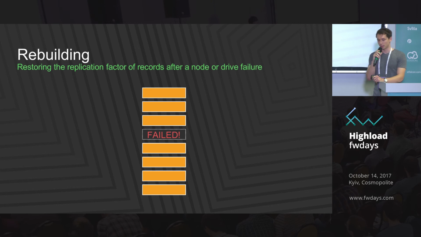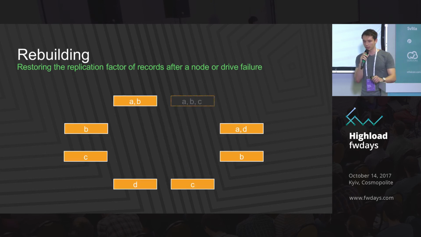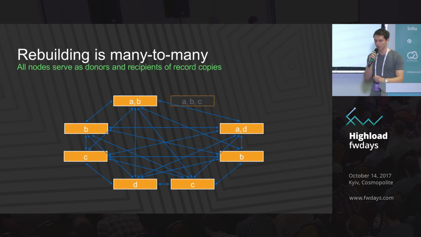And this is interesting: once a node failed, we lost these A and B and C. These records, A, B, and C, now have replication factor 2 instead of 3. So we have to restore it. And the way we do it is we communicate with each other. Clusters communicate and do many-to-many rebuilding to send these missing records to restore the replication factor.